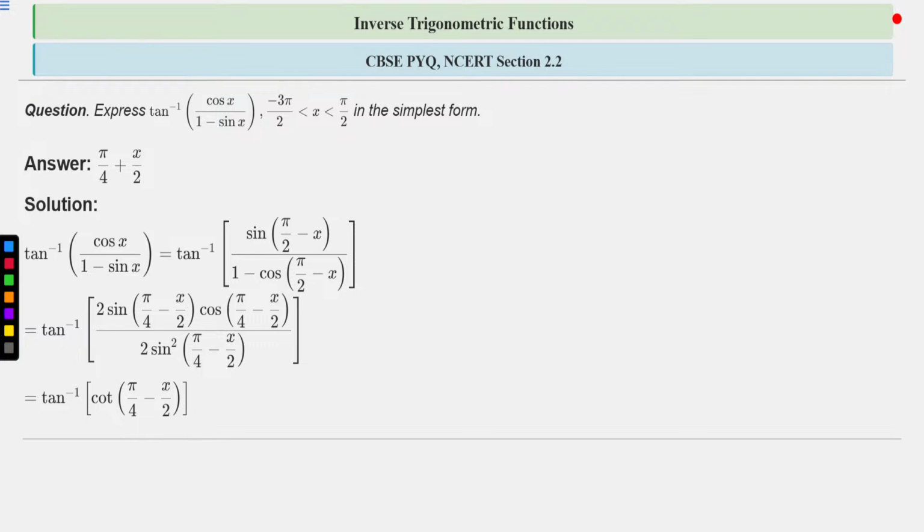So it will be tan inverse cot pi by 4 minus x by 2, right?